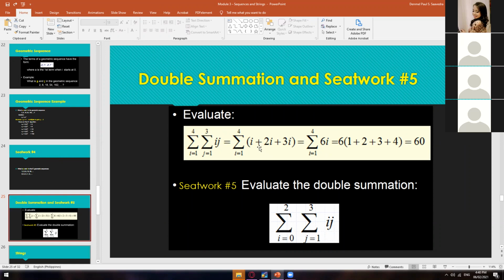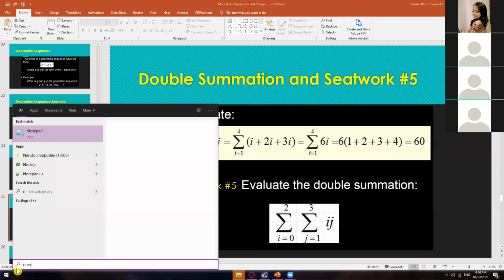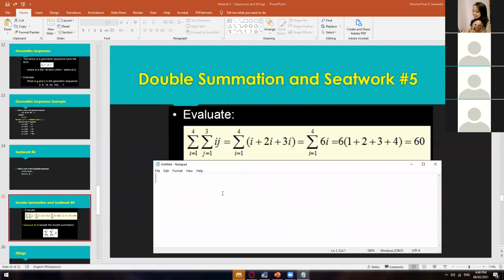So what we did in here is distribute the letter j first. So the j here is 1 plus 2 plus 3. So it's basically multiplying the i times 1 plus 2 plus 3. Let me just use my notepad. So initially it's like this, i times 1 plus 2 plus 3.